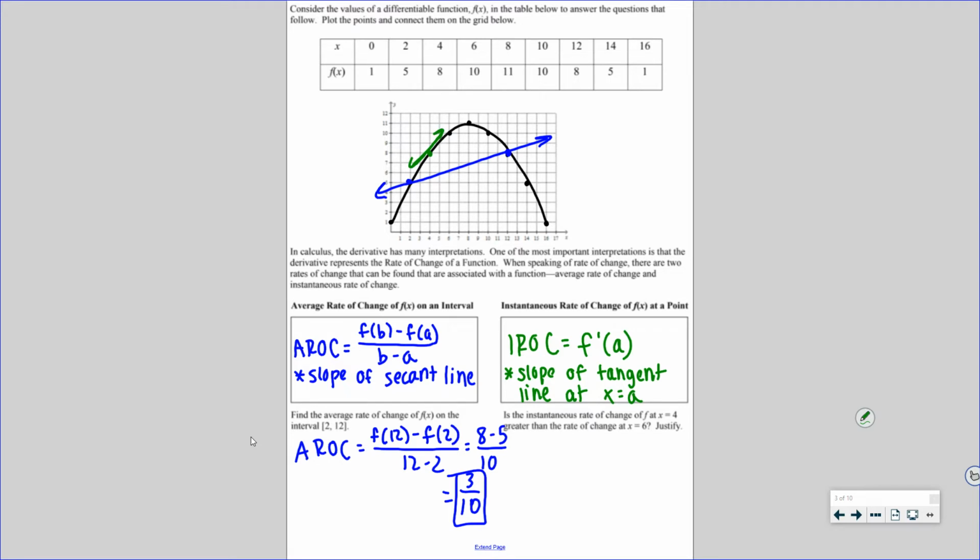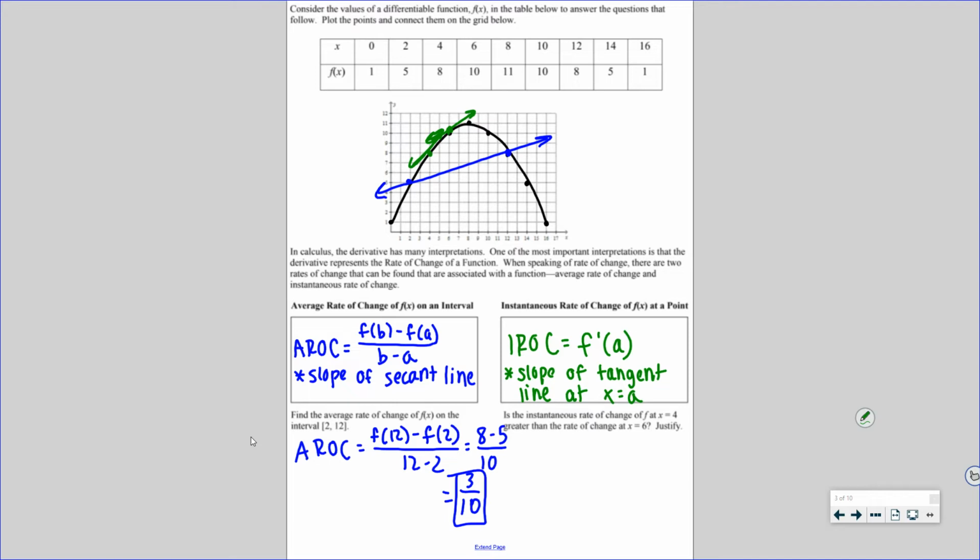Tangent meaning it only hits my curve in one spot. If I were to draw it at x equals 6, this point right here, and follow the curve, my tangent line would look something like that.